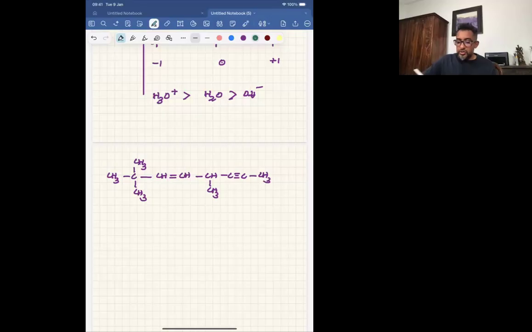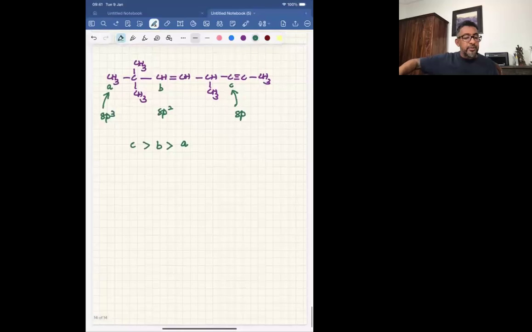So for hybridization, this is A, this is B, this is C. A is sp3 hybridized. B is sp2 hybridized. C is sp hybridized. So C is the most electronegative, then comes B, then comes A. C, B, A are the most electronegative ones. Right. Okay. Go to the next one.